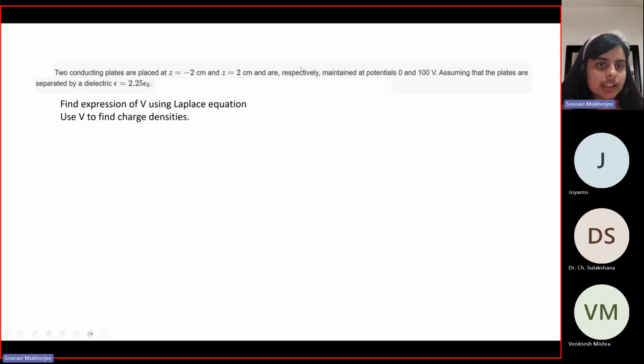The conditions are that at z equal to -2, your potential should be 0, and at z equal to +2, your potential should be 100. So can you try to find the expression for the potential? The condition is del square B del Z square is equal to 0 with these two conditions. Can you guys try to solve and tell me what the expression of the potential should be?